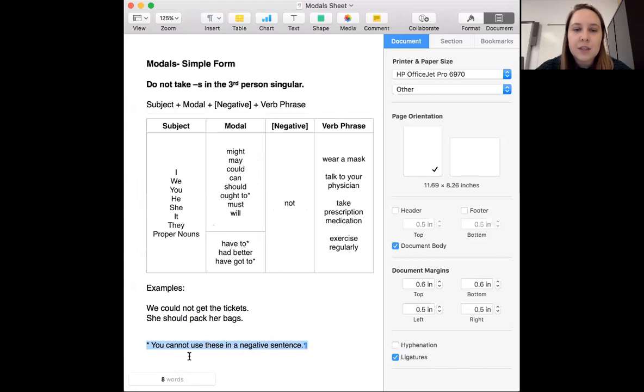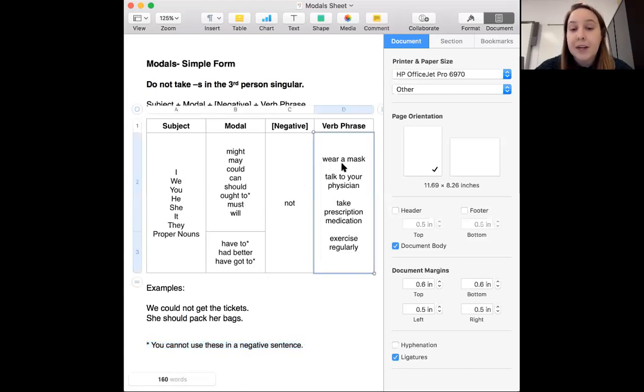So you're not going to say you ought to not, or you have to not, or you have got to not. You're never going to say that. Those you are only going to use in a positive sense. So you would only say, I ought to wear a mask. You would never say, I ought to not wear a mask. It is very uncommon and you should never do that.